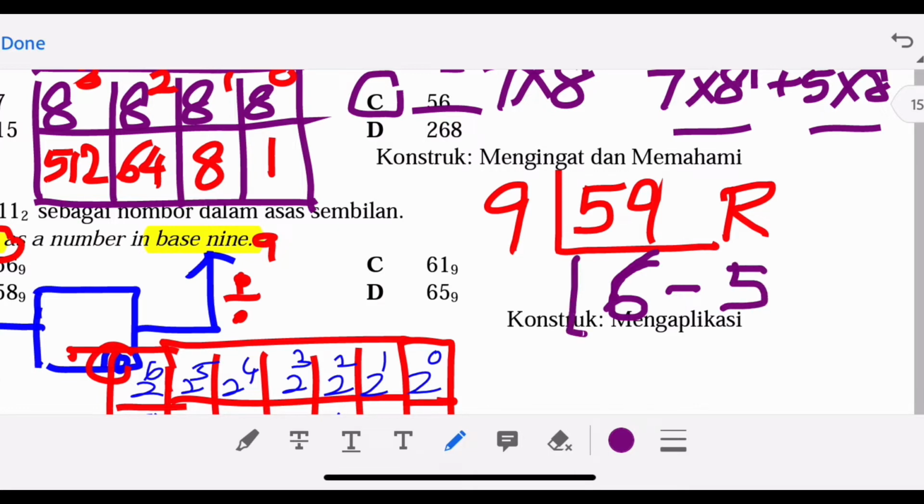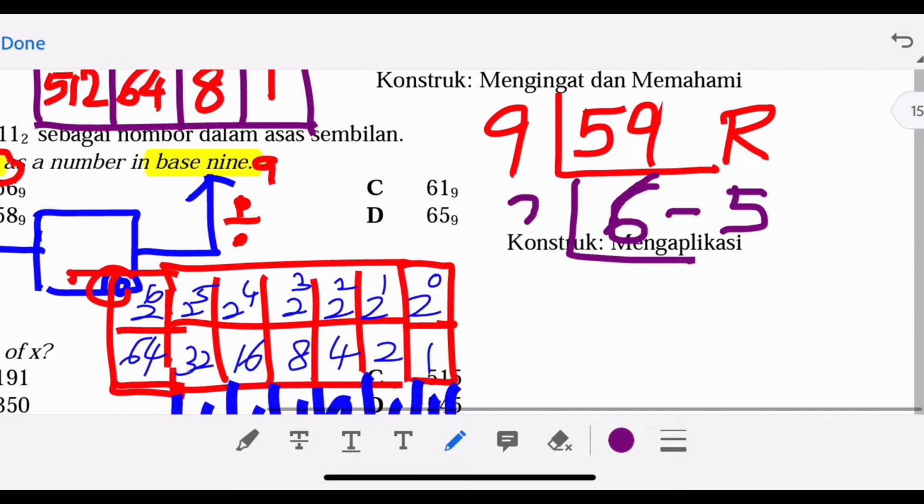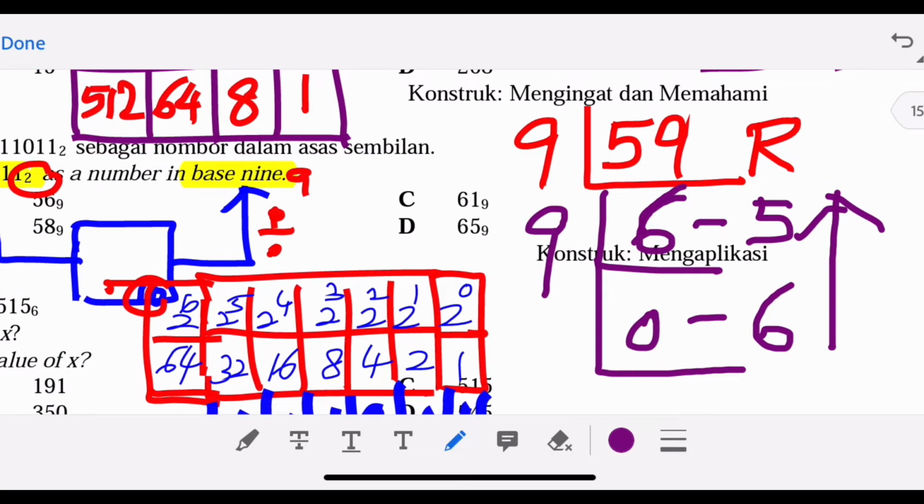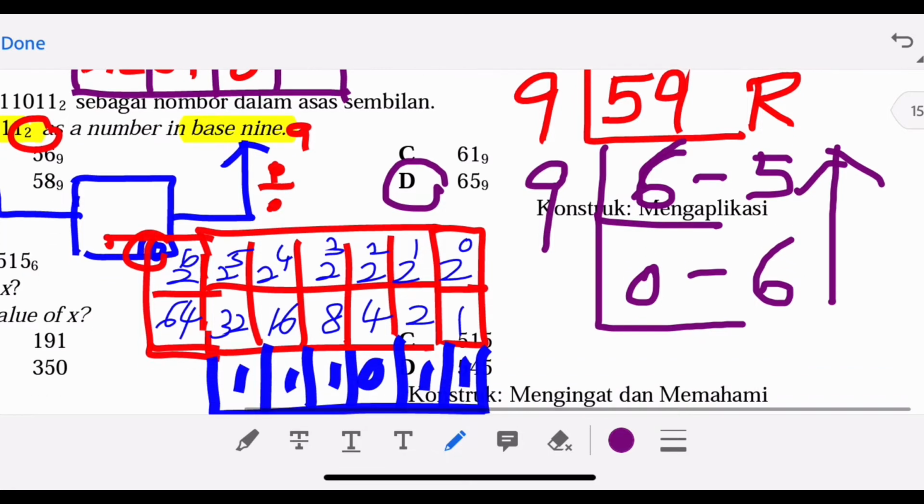Then 9 times 0, because the 6 is smaller than 9, so we just copy down like this. But when you read, you must remember it's always bottom up, so it's 6 5 base 9, not 5 6.